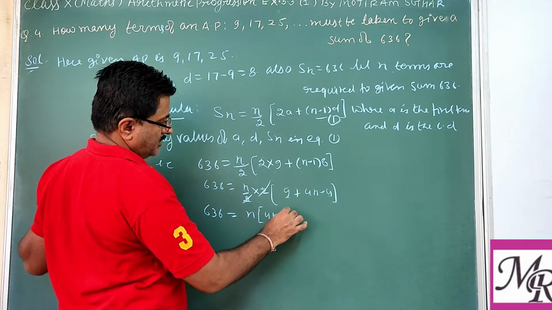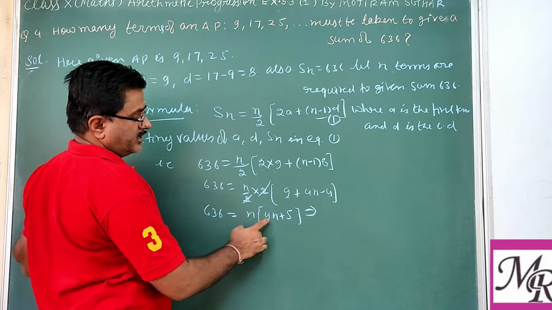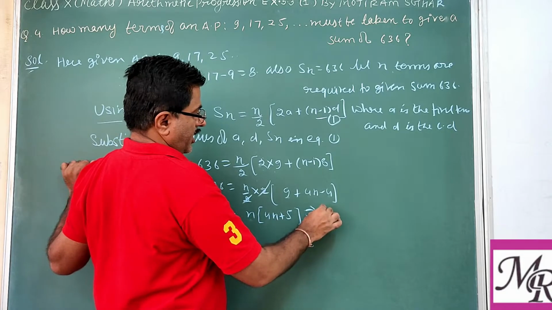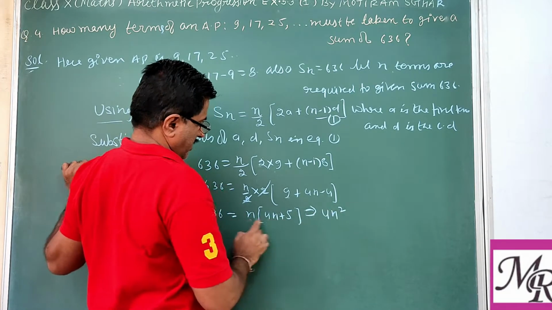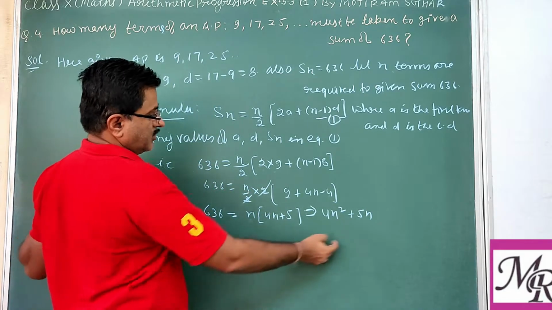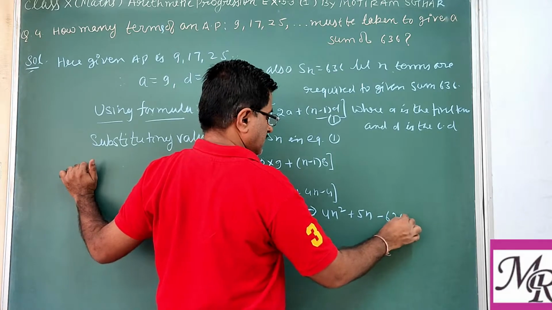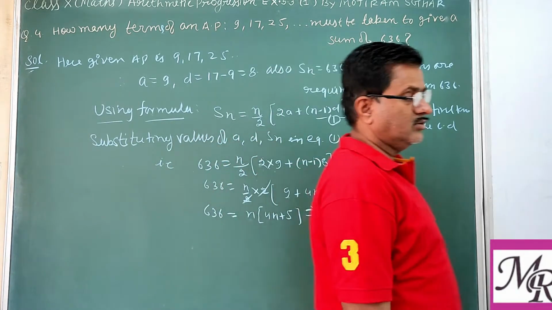So 4n plus 5. Now you cross multiply on the right side. n into 4n is 4n squared, n into 5 is 5n. Now transfer this to this side, that is minus 636 equals 0.